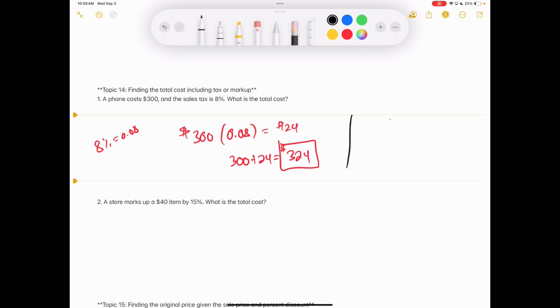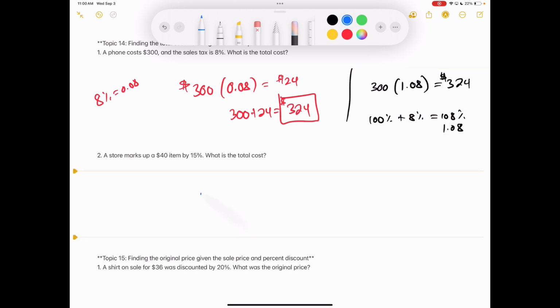The only shortcut way you can do this is you can do 1.08 because you are paying 100% of the cost of the phone plus 8% tax. So that's actually 108% or 1.08. And that will do it all in one swoop, if that makes sense. So like on this one, you could actually do $40 times 1.15.